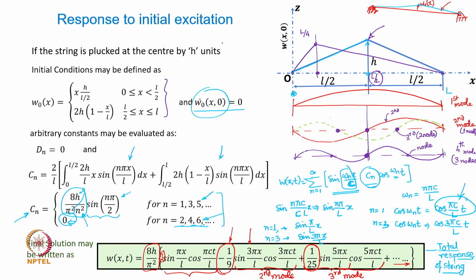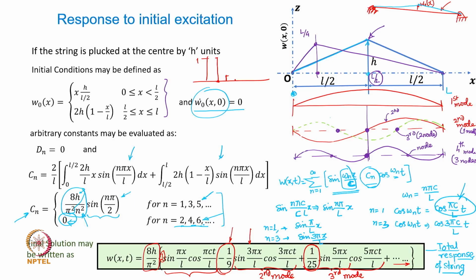So if you compare the contribution from several modes, you will find that if the first mode is 1 unit here, the third one will be 1/9, the second one is absent, and the fifth one will be almost not seen.